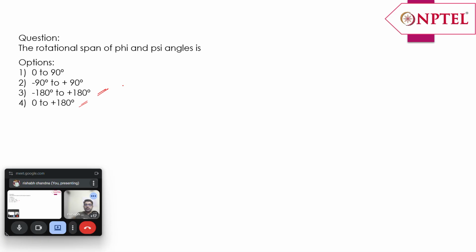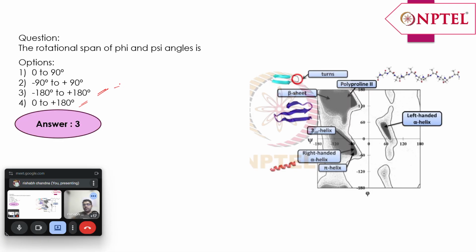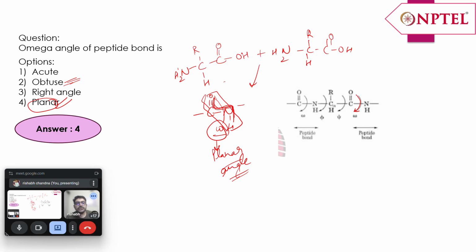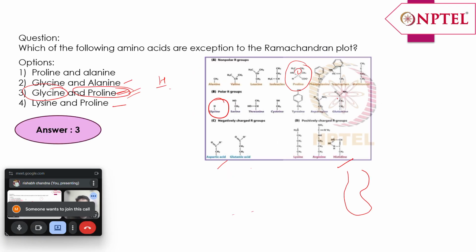Okay, so the correct answer is option number 3. That means from minus 180 to plus 180 is the span for the Ramachandran plot. These are the different regions that are used in the Ramachandran plot. The Ramachandran plot is where the angles are plotted between the psi and the phi angles.